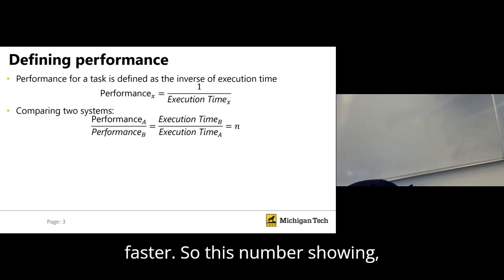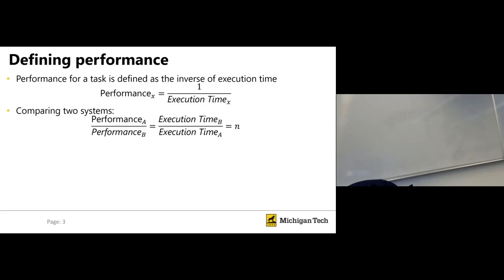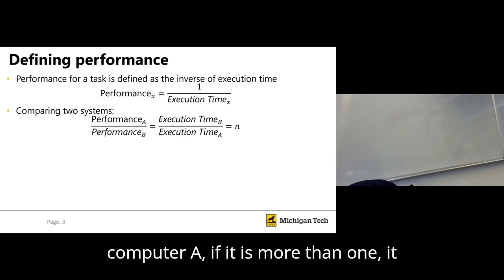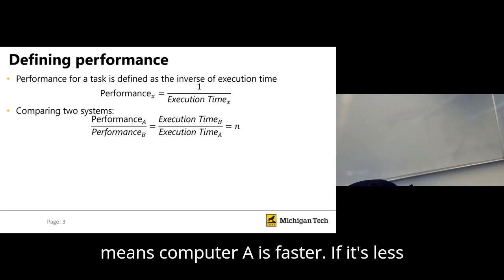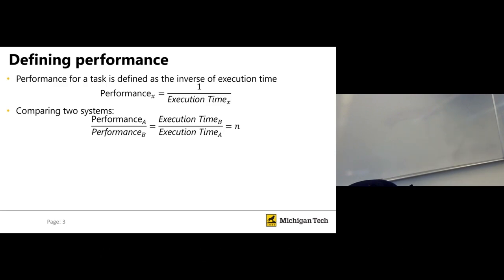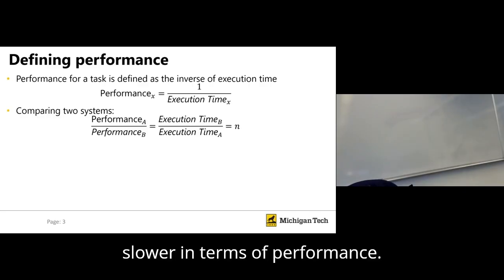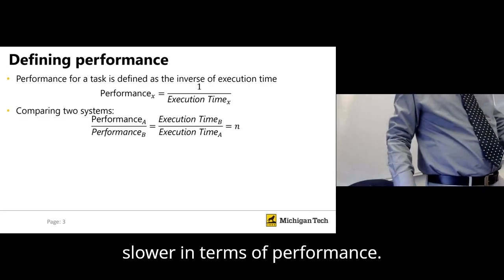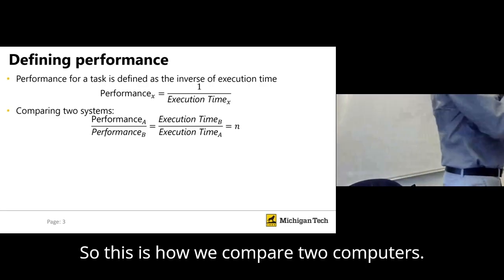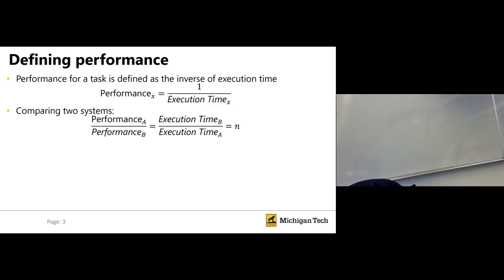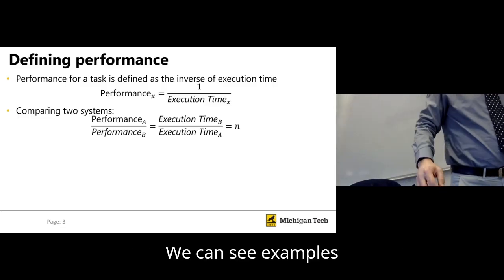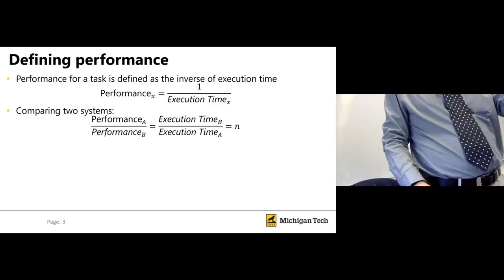This number shows the speedup of computer A. If it is more than 1, it means computer A is faster. If it's less than 1, it means it is slower in terms of performance. So this is how we compare two computers. We can see examples soon.